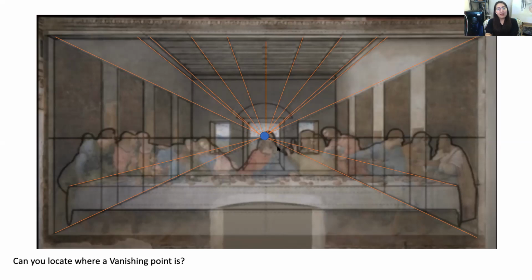This was not a mistake. Leonardo da Vinci was very clever to put the vanishing point on Jesus' right eye. The placement of the vanishing point was to emphasize the importance and central position of Christ, drawing the viewer's gaze on him.